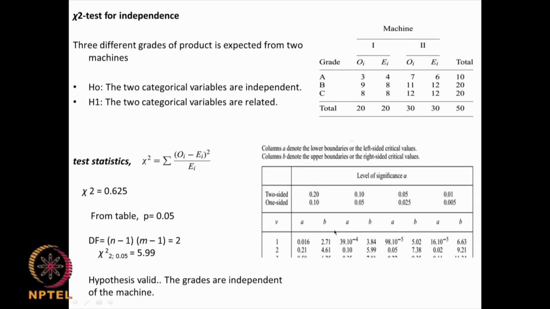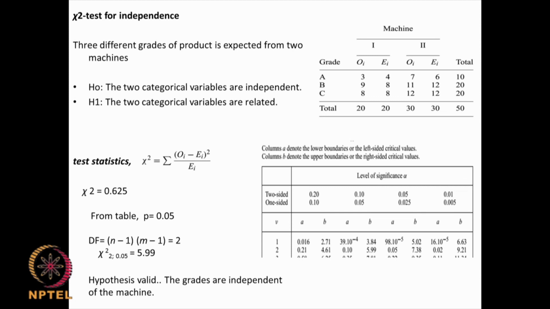And then we can also use it for looking at independence. That means we are performing some experiments on one machine, and then some experiments on another machine. So the results we get, are they somehow correlated to the machine, or are they independent of the machine? For example, this happens quite a lot when we are doing analytical work on, say, HPLC.